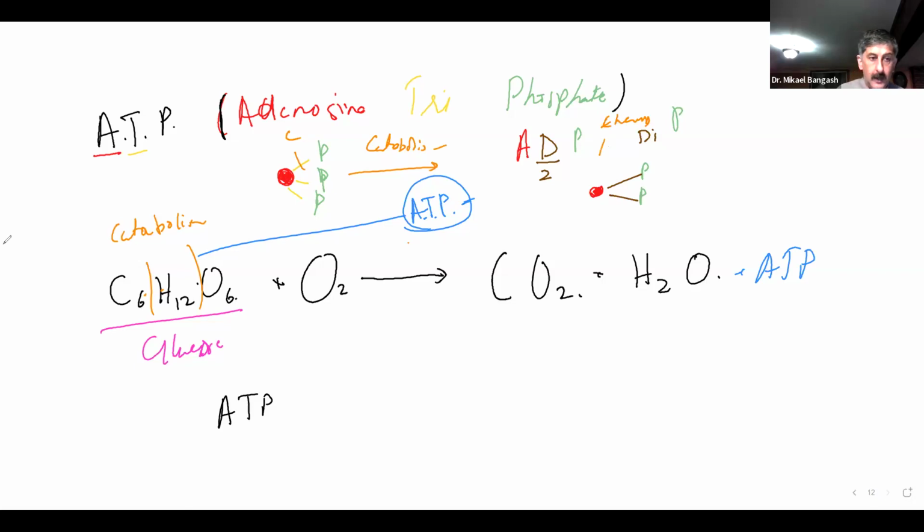Now, what normally happens is that this ADP gets back into this chain here and produces new ATP. But it may still happen that this ADP, or adenosine diphosphate, can be further catabolized.